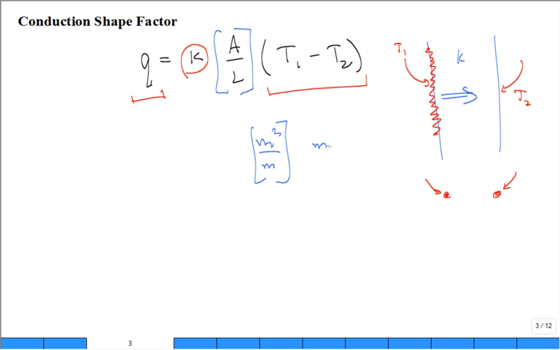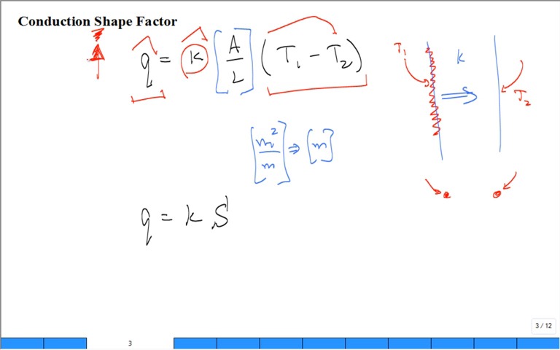Meter squared divided by meter is meter. So what does it represent? It doesn't represent what drives the flow, or what resists the flow coming inherently from the material. It represents the shape. So they give it a name. They say Q is equal to k S delta T, where S is the shape factor.